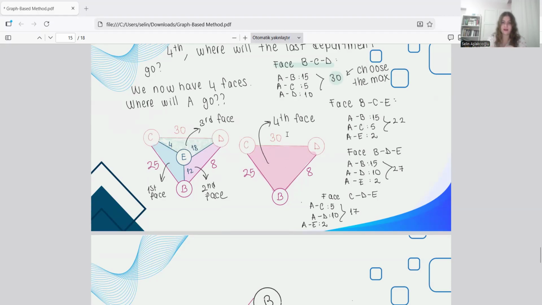I'm going to show you how I placed it, but let's consider other faces again, just to summarize it all. So face B, C, and E right here, the total score is 22, and we already have the maximum, so we are not going to place it right here, or here, or here. It's going to be here.